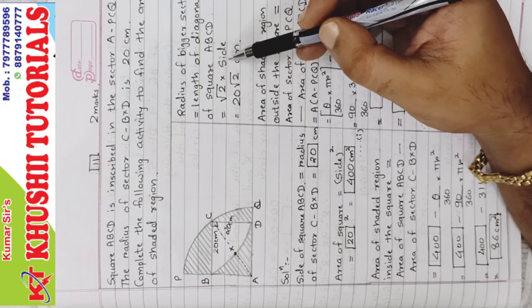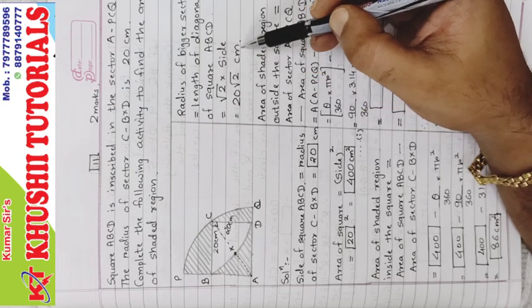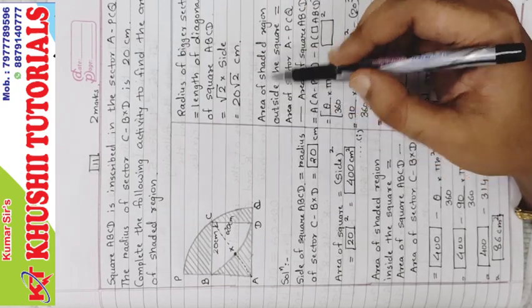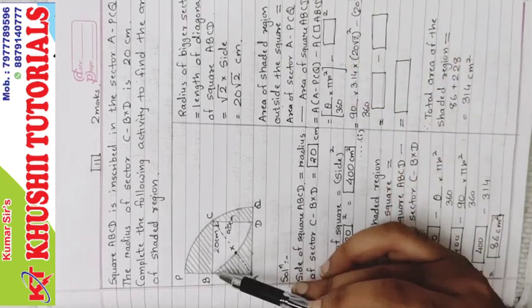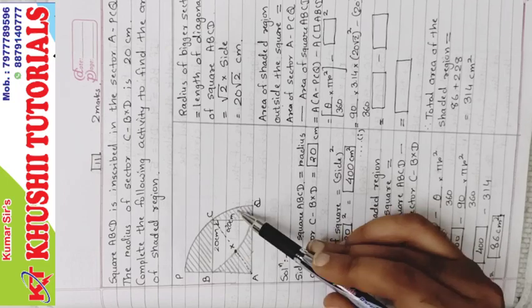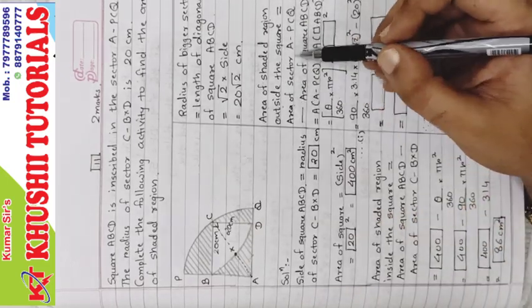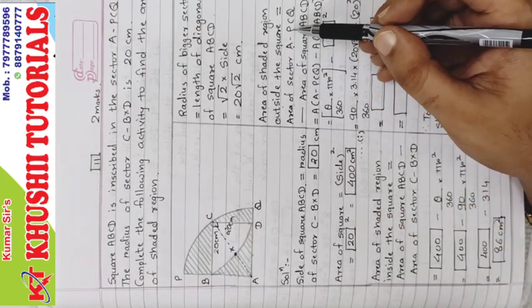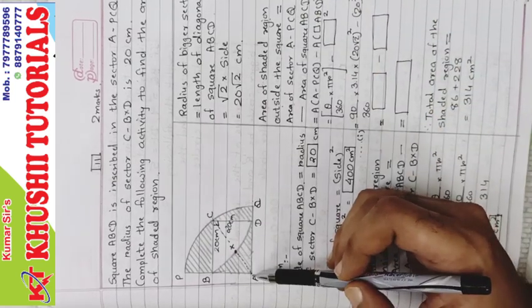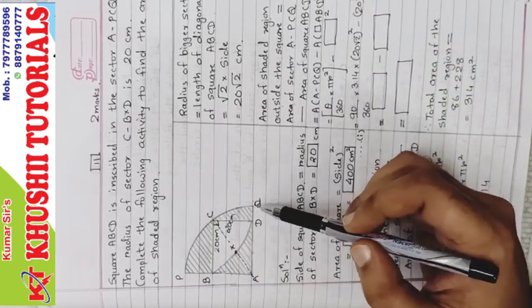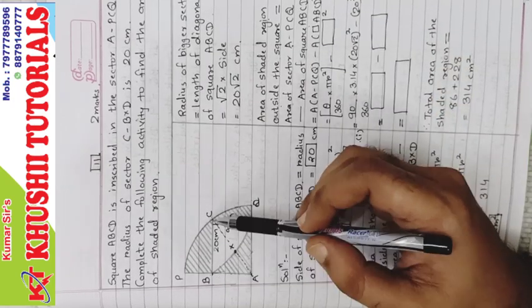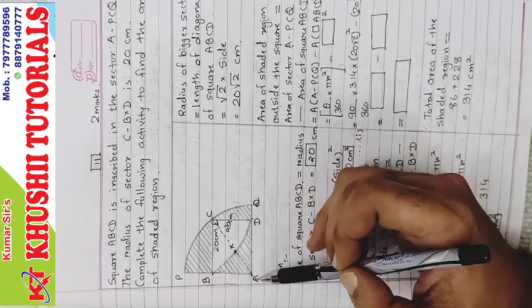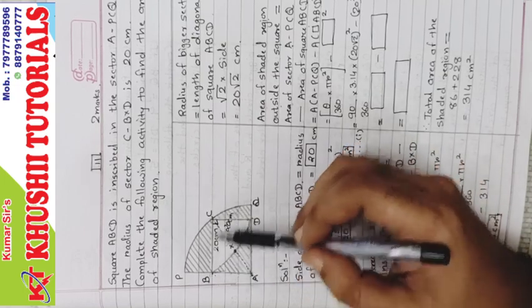Root 2 into 20, the side is 20. So 20 root 2 centimeter. Therefore, area of the shaded region outside the square equals area of sector A' PCQ minus area of square ABCD.